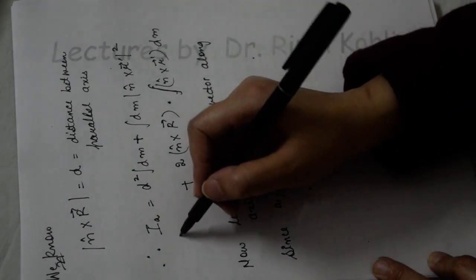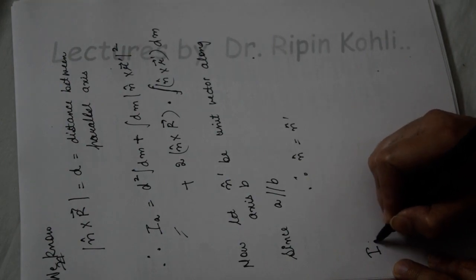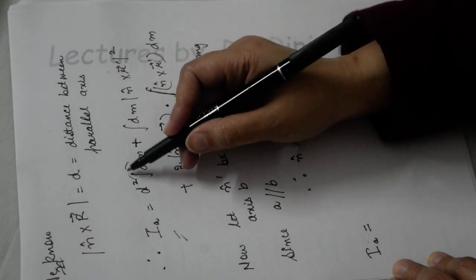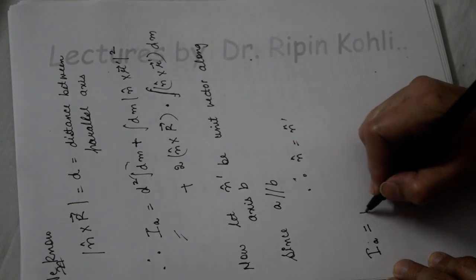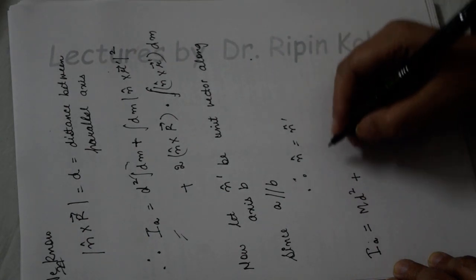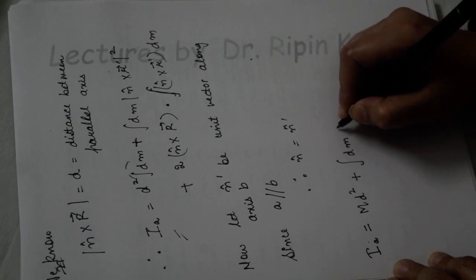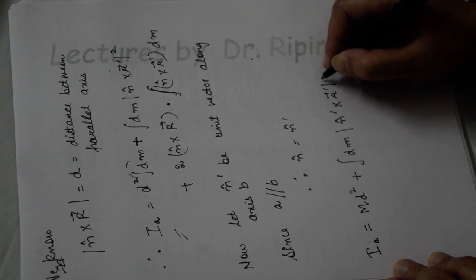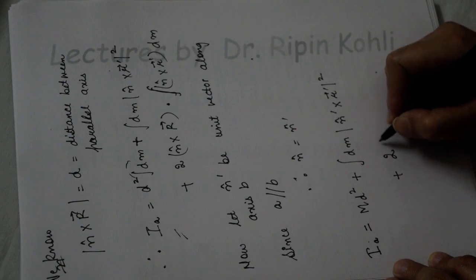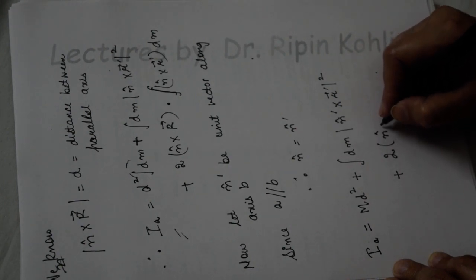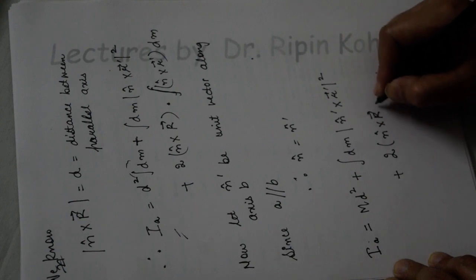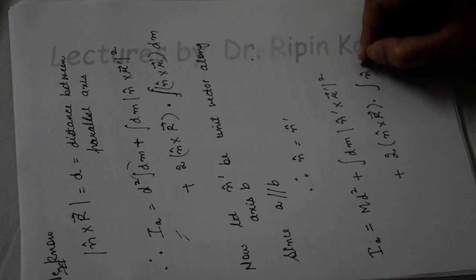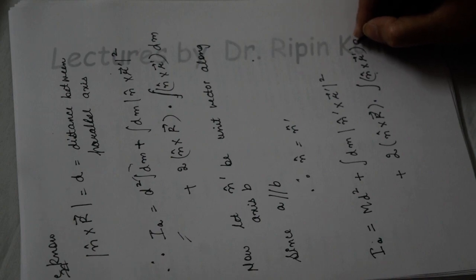Now again considering this equation, I get moment of inertia about axis A is equal to, now this integration of dm becomes total mass of the body, m d square plus integration of dm (n cap dash cross r dash) square plus 2 n cap cross r dot n cap cross r dash dm.